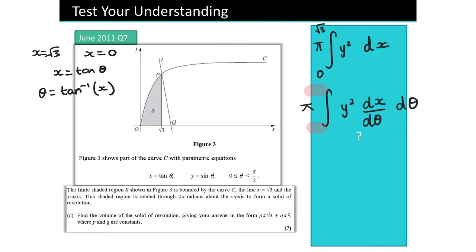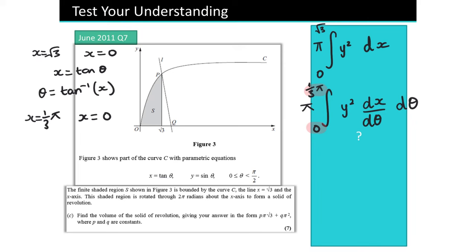So, when x equals root 3, inverse tan, so shift tan of root 3 is going to give me a third pi. So my root 3 limit is now a third pi. So here I'm going to have a third of pi. Now tan of 0, so shift tan of 0 is also going to give me 0. So now I have my limits and they match. Okay, so I've done my limits.